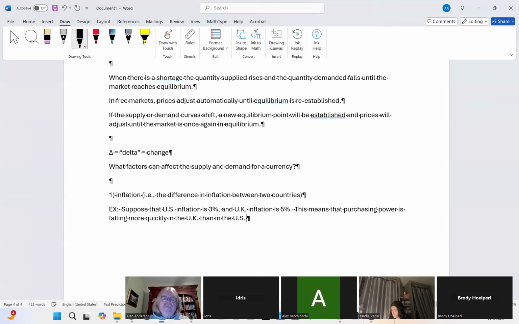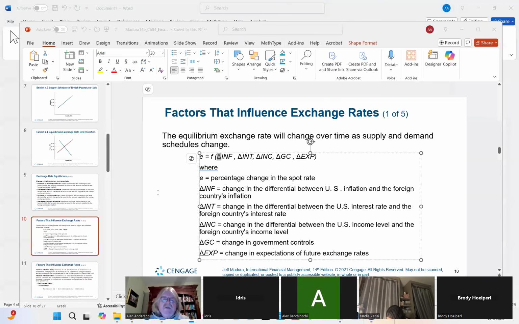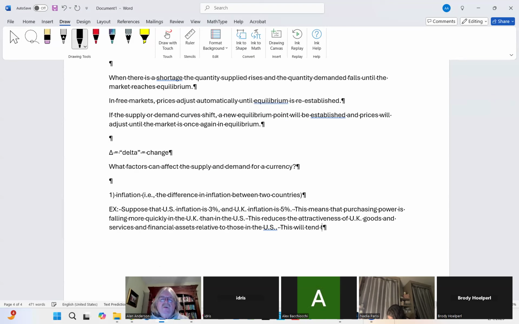This reduces the attractiveness of UK goods and services and financial assets relative to those in the US. This will tend to weaken the pound and strengthen the dollar.